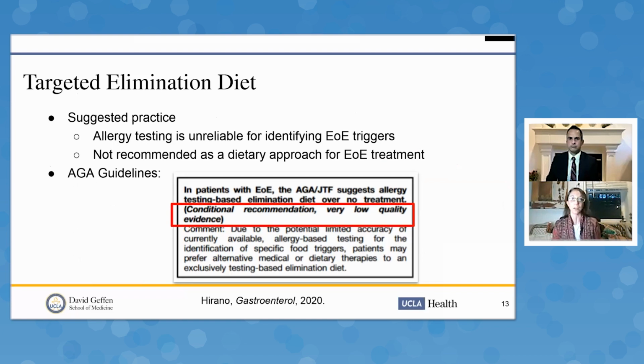So as Kevin mentioned earlier in the presentation, patients who have EoE may be at higher risk for other food allergies. So we always want to know what those food allergies are, and we can incorporate them into whatever diet therapy we choose to do with our EoE patients. But again, if they don't have that type of history, we don't automatically need to go and have them allergy tested.